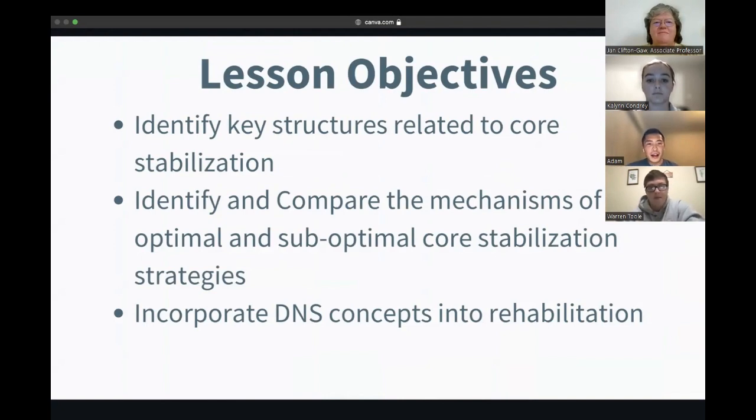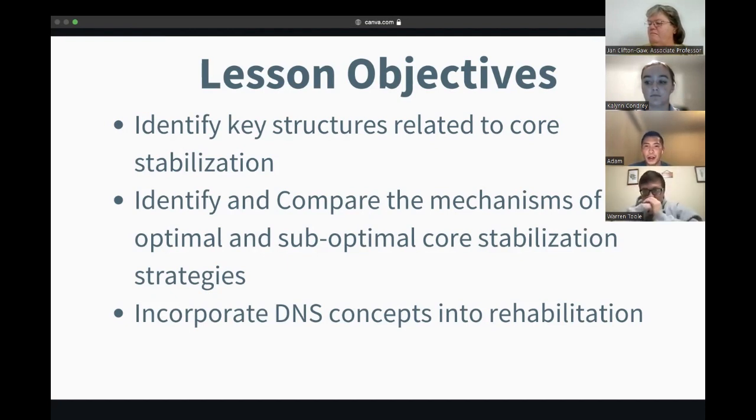So here are my lesson objectives. Our outcomes: I want us to be able to identify some structures about the core. Maybe for some of us it's a reveal, but I think it's good to have some reveal and then to start on a solid basis. The second one is that all of us can identify different ways athletes stabilize their core.